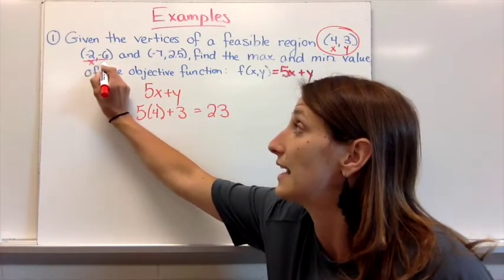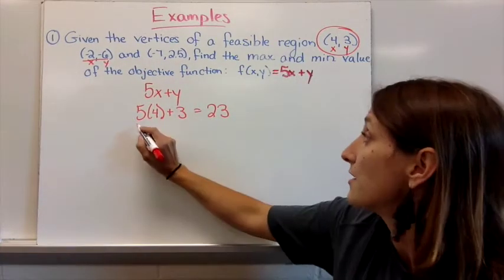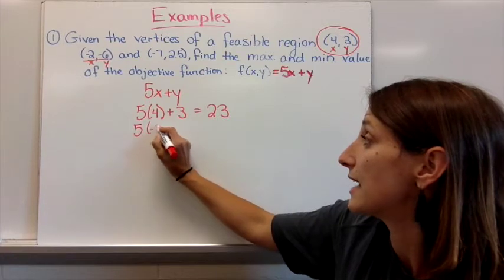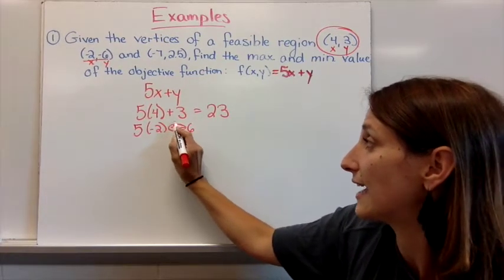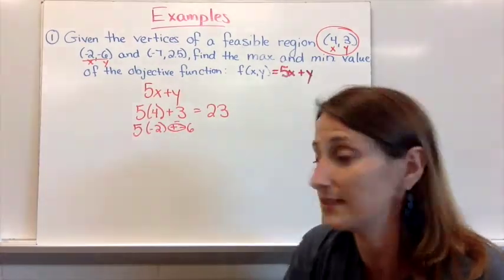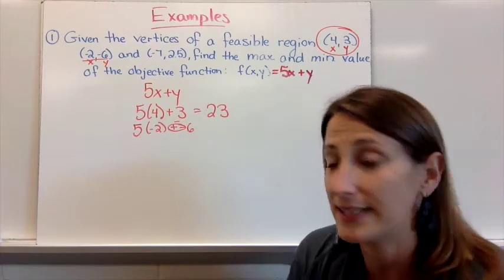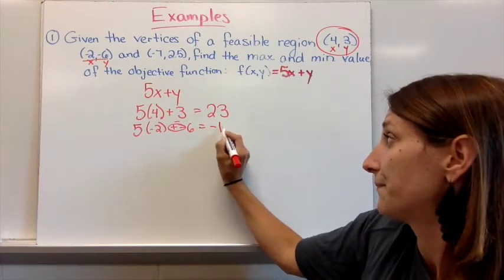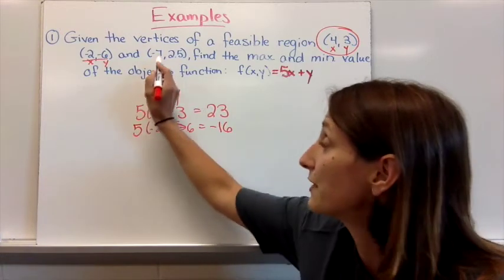Same idea. -2 becomes your x value, and -6 becomes your y. So I have 5 times -2 plus -6. Well, we don't really like that, so plus minus is just a minus. But we have 5 times -2 is -10, minus 6 gives me -16. Okay. Still don't really know because I haven't finished with this one.